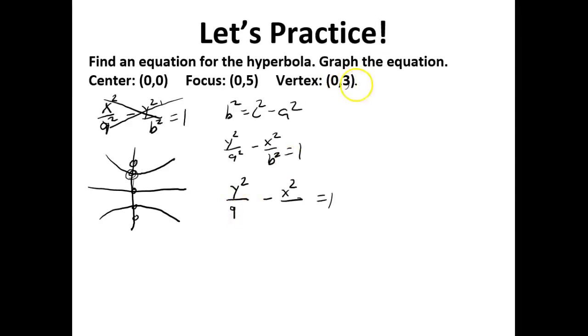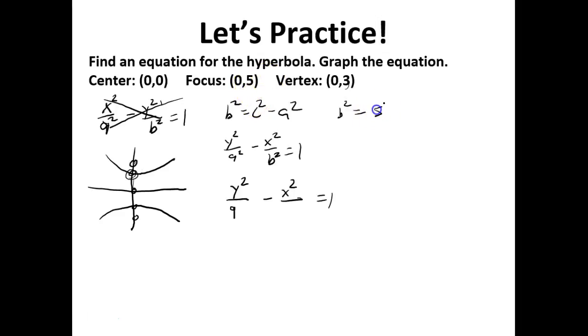Let's just double check that. If we put 3 in for the y, 3 squared over 9 is going to be 1 minus 0 squared over something. Yes, that's going to work out. Now to get our b squared, it comes from c squared, which is the foci squared.